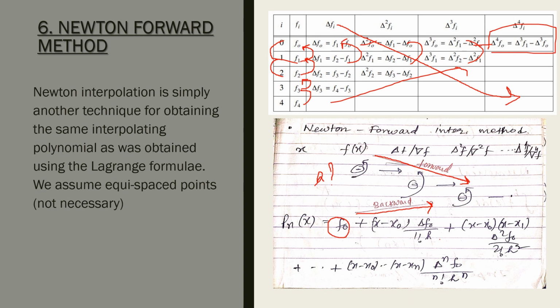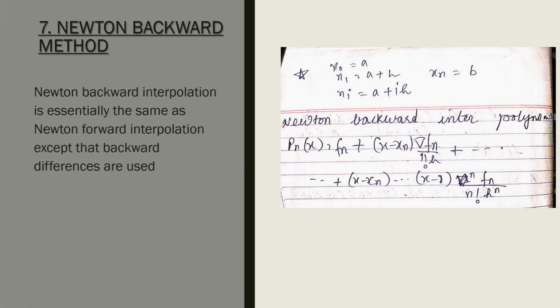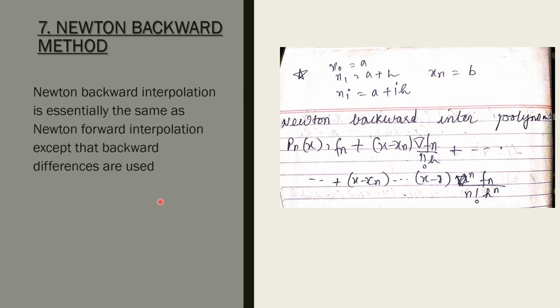This is the basic formula. You can simply use this formula and you'll ultimately get the required polynomial. Just try using this and you'll get it. Similarly, just take care of this process, for forward in this way, backward in this way, and then you are done. Similarly for backward it's quite simple, just in backward order.